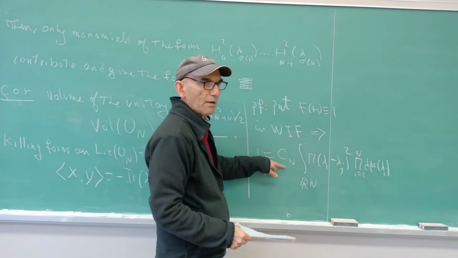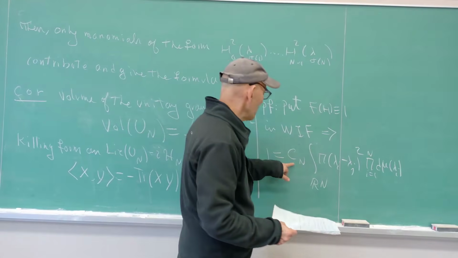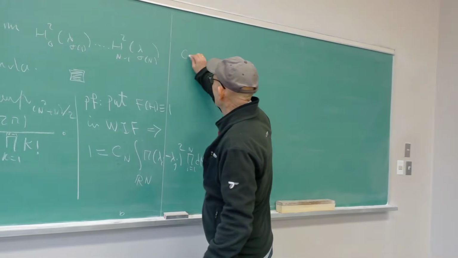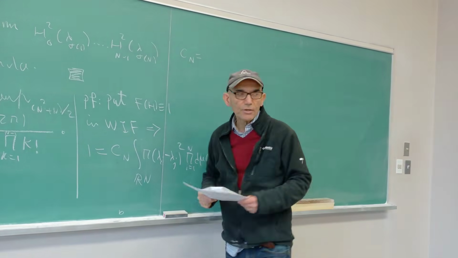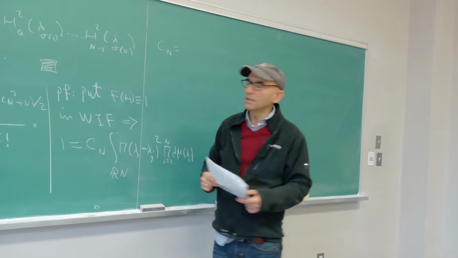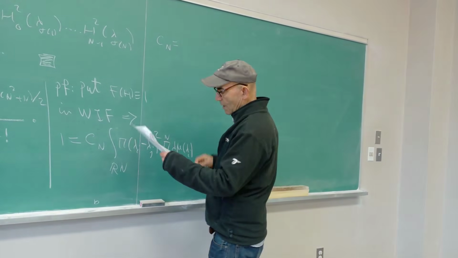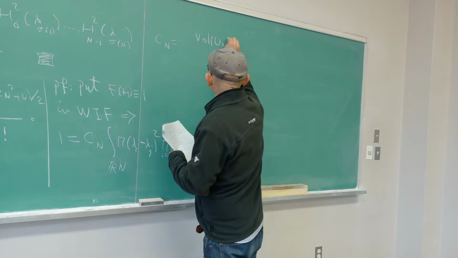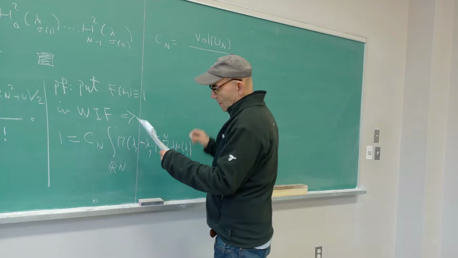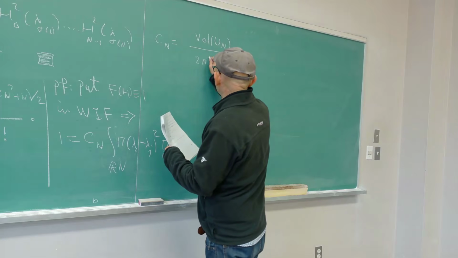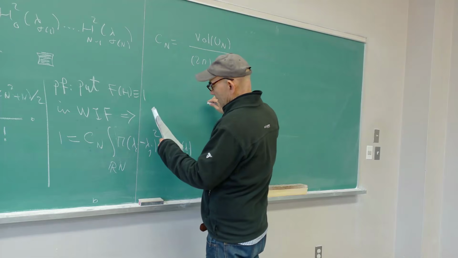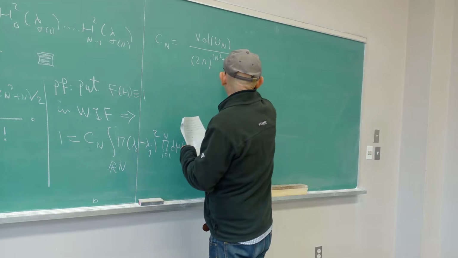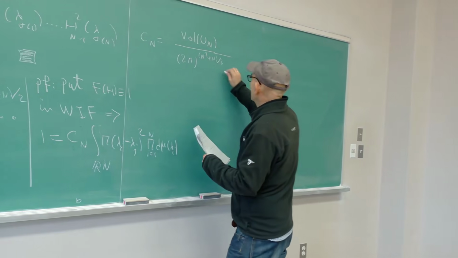Now, this Cn, we can actually elaborate a little more on. You see, Cn is essentially the volume of this U_n bar. So this is basically the volume of U_n over 2 pi to the power n squared plus n over 2 times the n factorial.